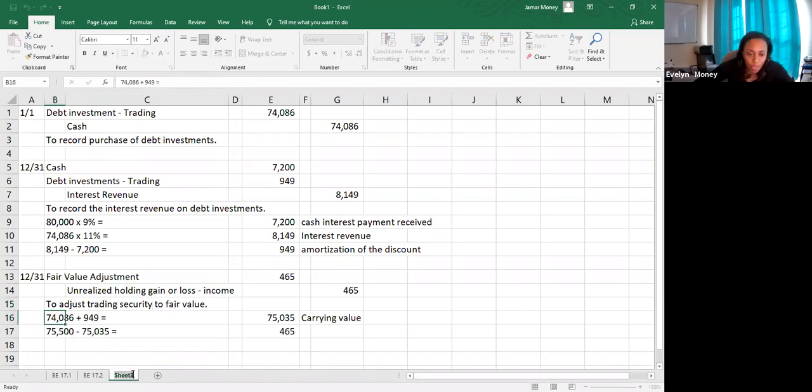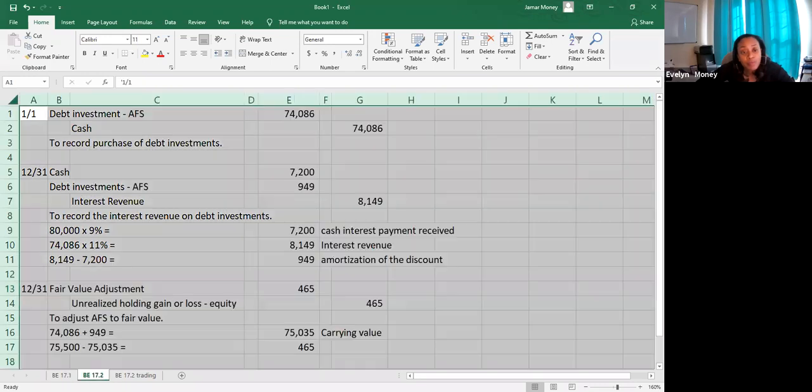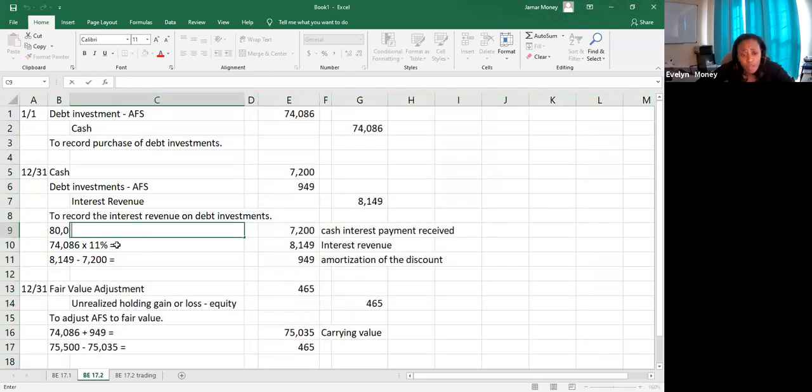So in comparing all three, let me label this first before I forget to do this, and I'll call this trading so that you know what I'm doing. In comparing all three, we're using the same numbers here. Held to maturity has fewer entries because there's no write up or write down in terms of fair value. Available for sale has the same first two entries, but the third entry is different because you have to include dash equity.